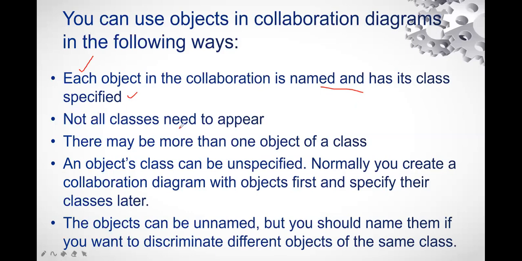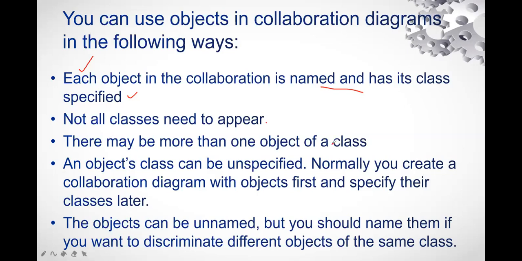Next one is: not all classes need to appear. So if the application we are going to design has 8 classes, it is not necessary that all 8 classes appear in the collaboration diagram. Let's say we are working on a specific use case in which only 3 classes' objects are interacting with each other. So we are going to use only those 3 objects and classes.